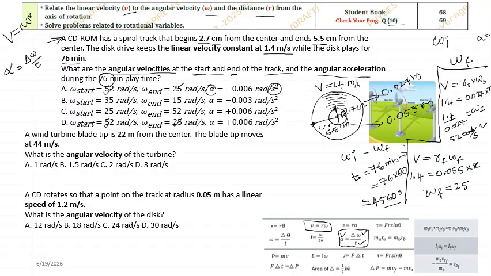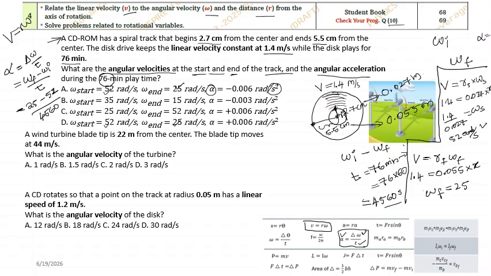How do you calculate delta omega? It's omega final minus omega initial, whole divided by t. We have final velocity and we have initial velocity. Final velocity is 25. Initial velocity is 52. And time taken is 4560.